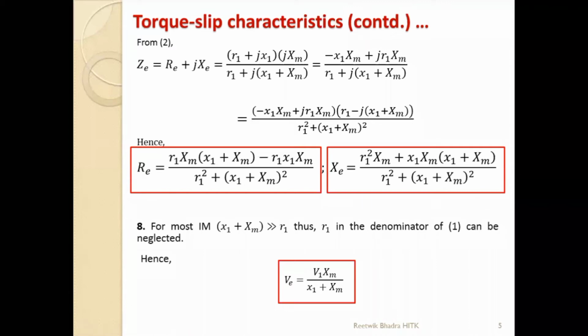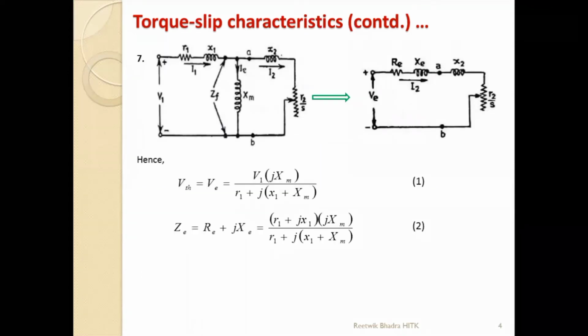Now we will go for some approximations. If you have any doubt, you can ask. Next, if I go into this, see, this R1 is neglected now, as this is compared higher to this one.